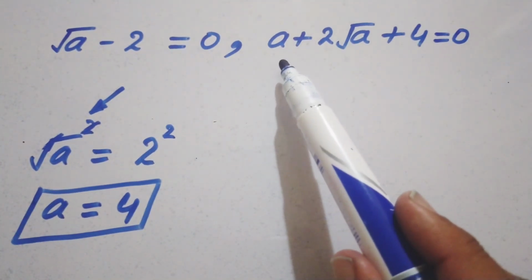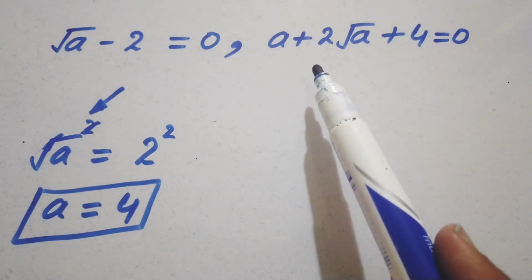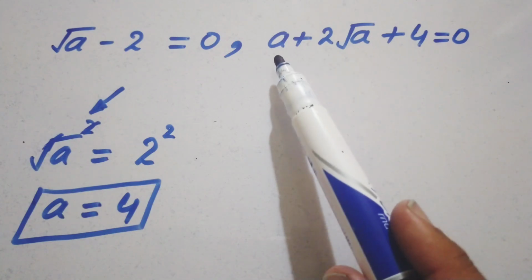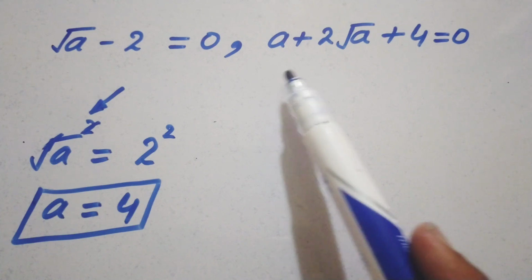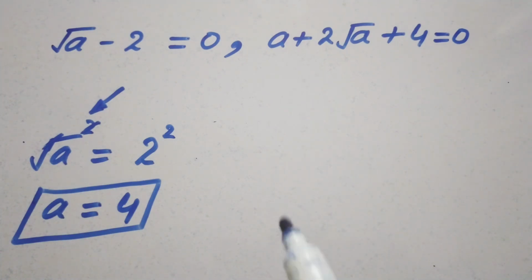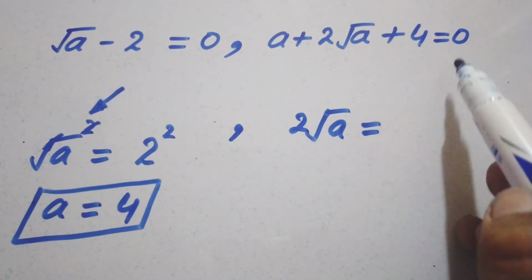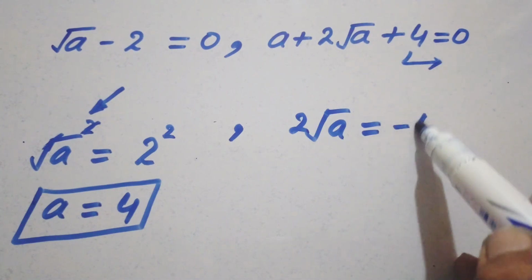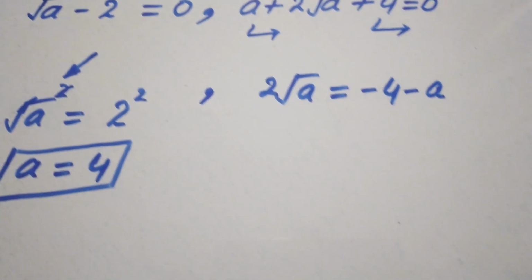Now to find the other values of a in this case, we could apply the quadratic formula by considering that square root of a is equal to t, and then this a will become t squared, and after this we have to find t by using the quadratic formula. But here we will use the completing square method. This will become 2 into square root of a plus a plus 4 is equal to 0, and shifting this plus 4 from left hand side to right hand side, this will become negative 4, and this will become minus a.